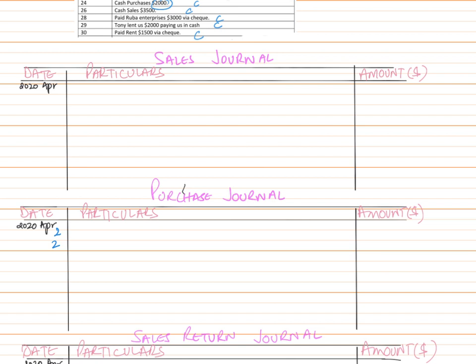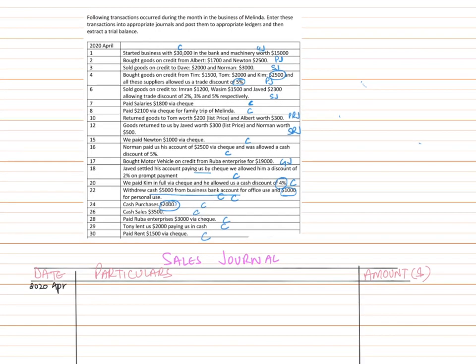All of the journals have the same format. First column is for date, the other column is for particulars, and the third column is for amount. So on 2nd we're going to write Albert and then also Newton. We bought goods worth 1,700 from Albert and $2,500 worth from Newton.